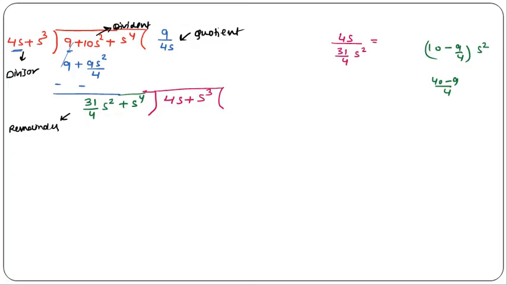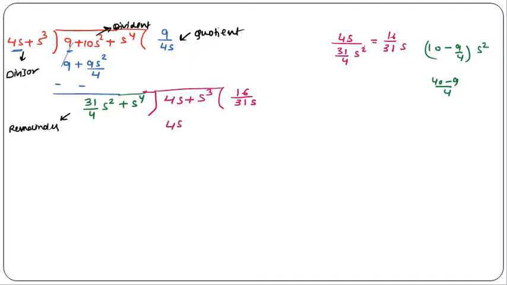This will get cancelled out, so we are getting 16 by 31 by s. Now if we multiply 31 by 4 s square into 16 by 31, 31 and 31 will get cancelled out, this will give 4 into s.